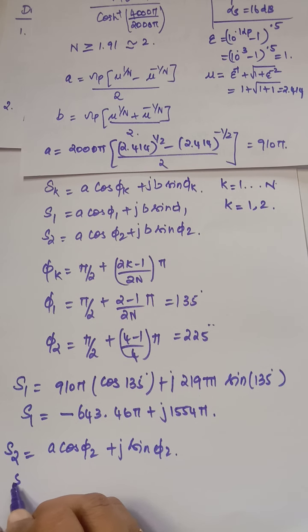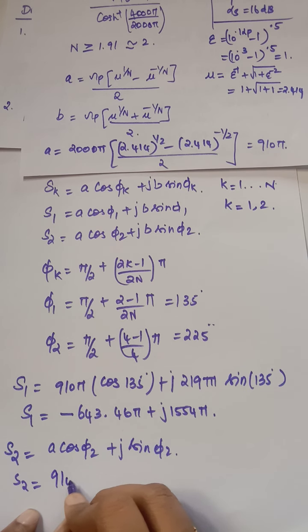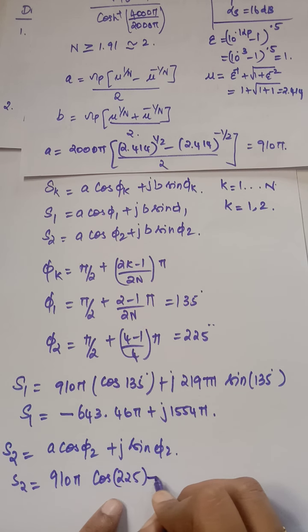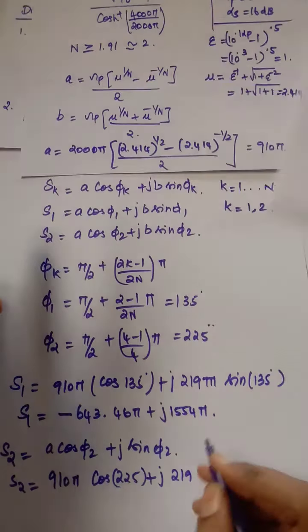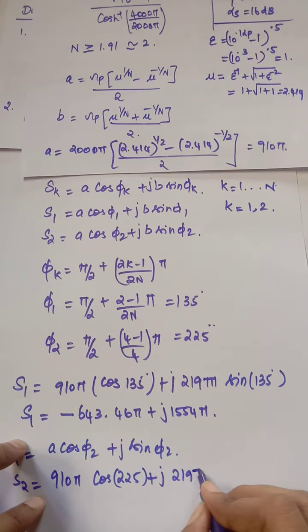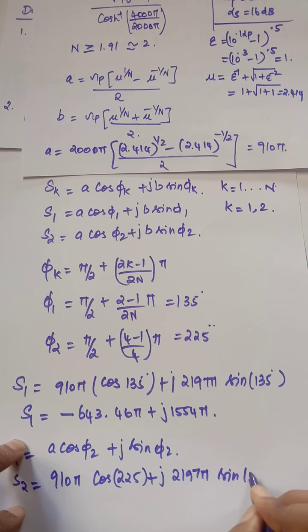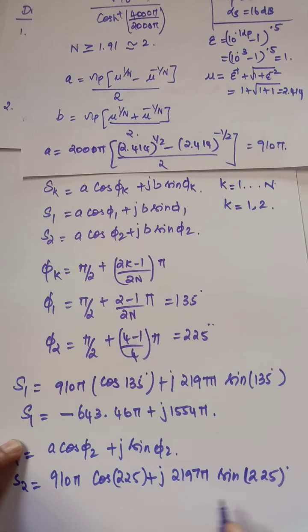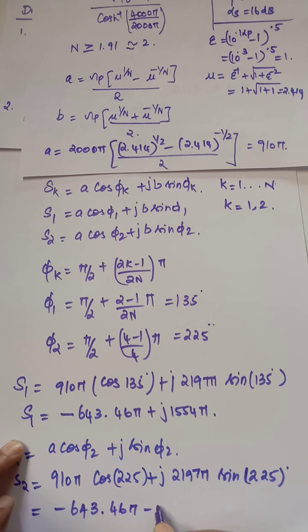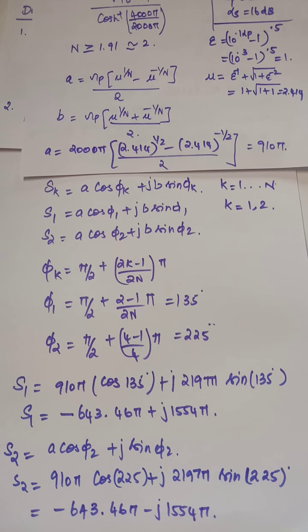So s2 can be written as 190 pi cos of 225 degree plus j 2197 pi sin 225 degrees. So when you simplify this, you will get minus 643.46 pi minus j 1554 pi.